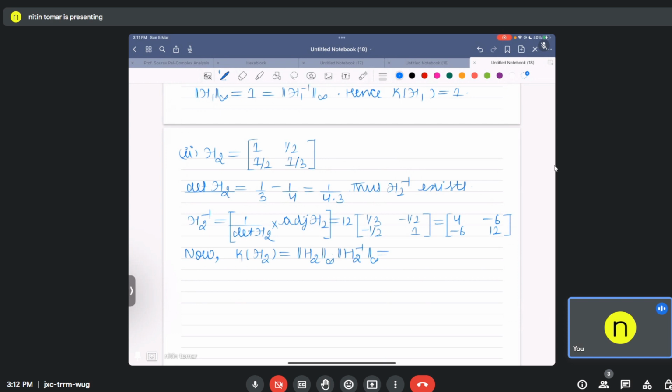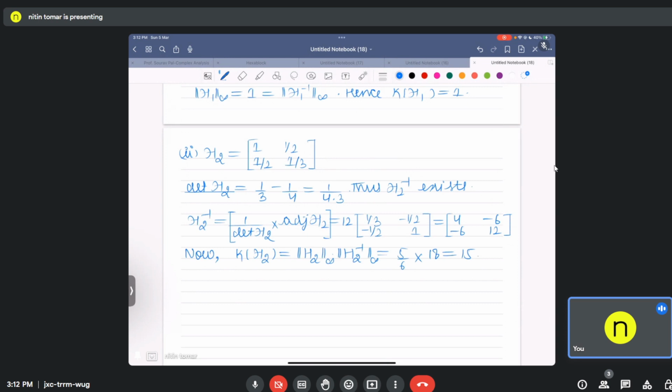Here the row sum will be half because everything is positive, and here it will be half plus 1 by 3, right? So this one is clearly maximum. So here we have 5 by 6, and 18, so it will be 15, correct?